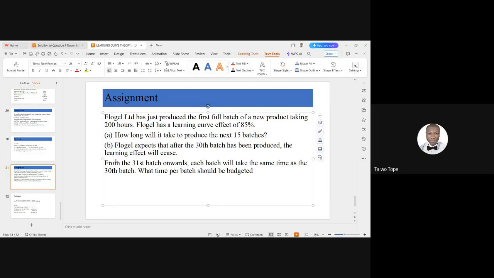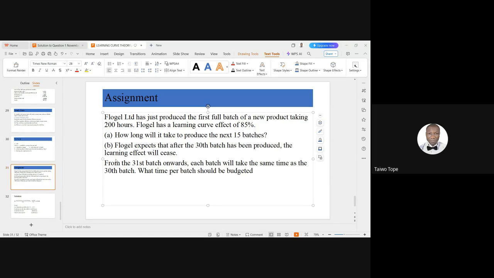Where you are not given 85%, not given the learning rate, and there is no link for you to get it, how do you determine the learning rate? You use a formula to determine that. We're going to discuss that in brief when next we meet.